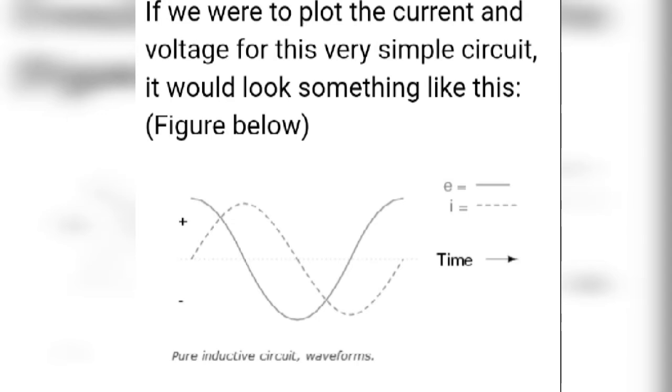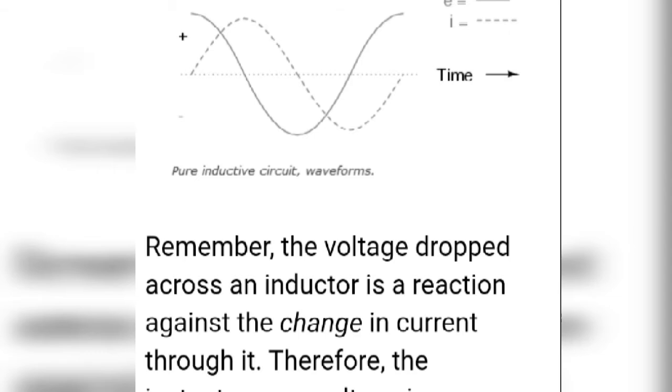These are the waveforms for the current flowing in this pure inductive circuit, with time on the horizontal axis. Remember that the voltage drop across the inductor is a reaction against the change in current through it.